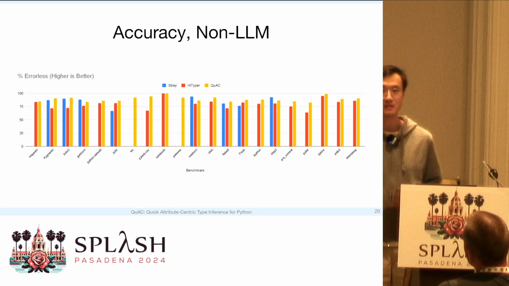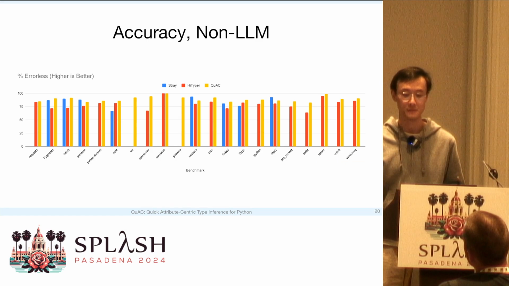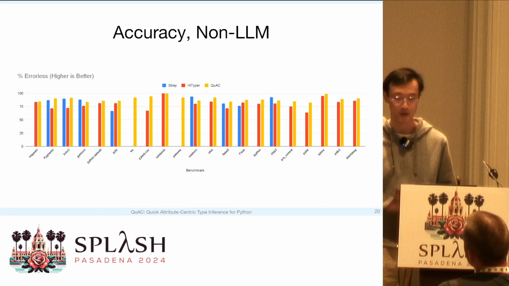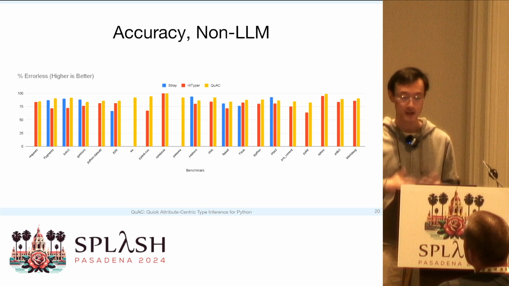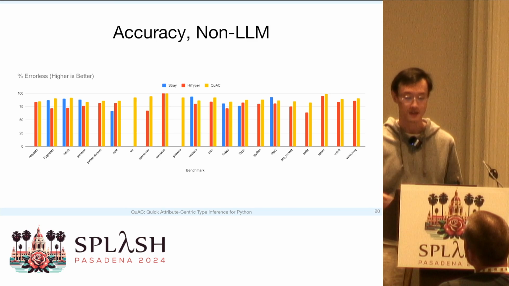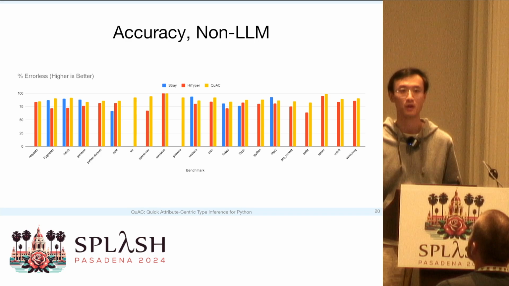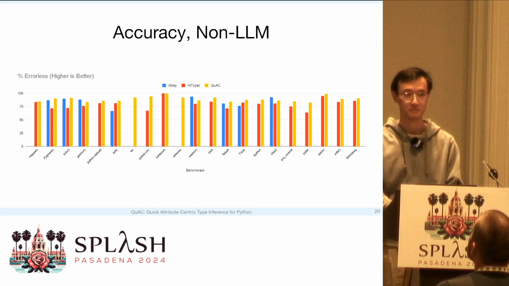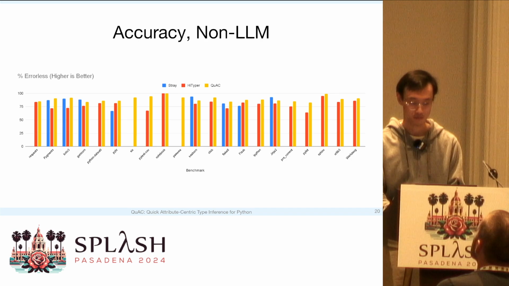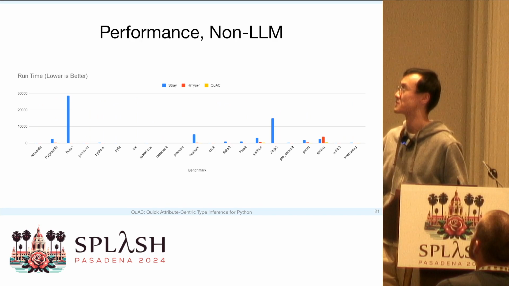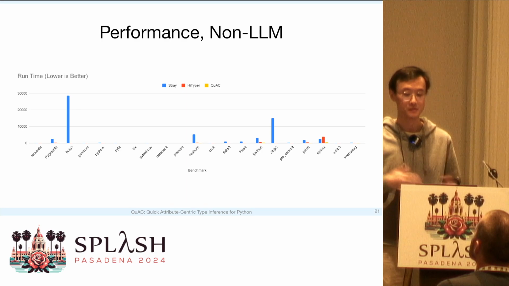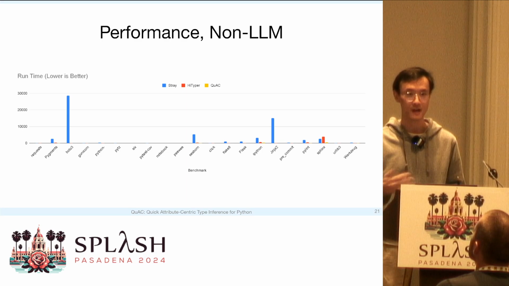Regarding accuracy, QuAC also consistently outperforms Stray and HiTyper across most benchmarks. Though Stray does achieve high accuracy on some benchmarks, it makes much fewer type predictions and fails to make any predictions for a lot of the benchmarks. Regarding performance, QuAC also vastly outperforms Stray and HiTyper on almost all benchmarks with an average runtime reduction of 15 times.